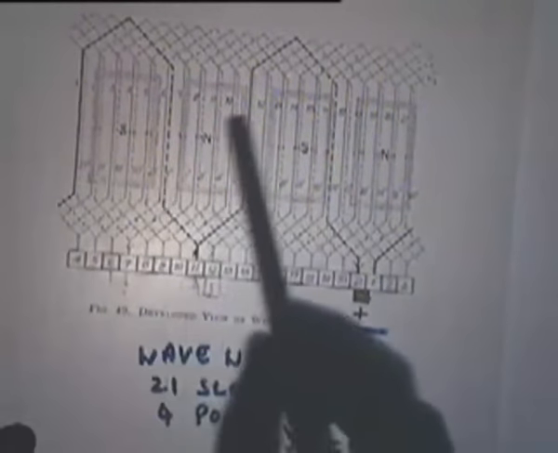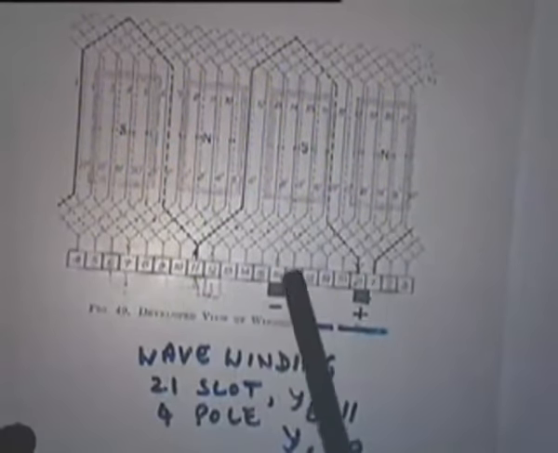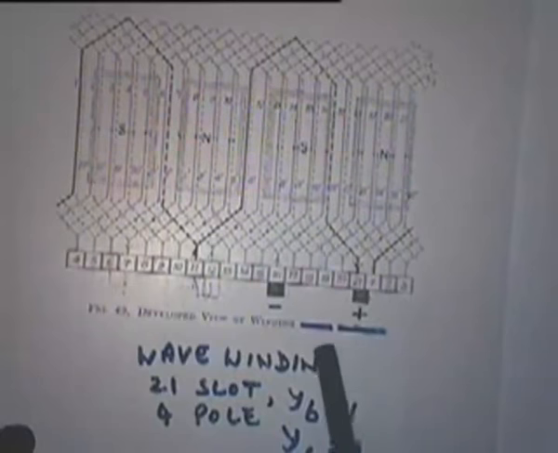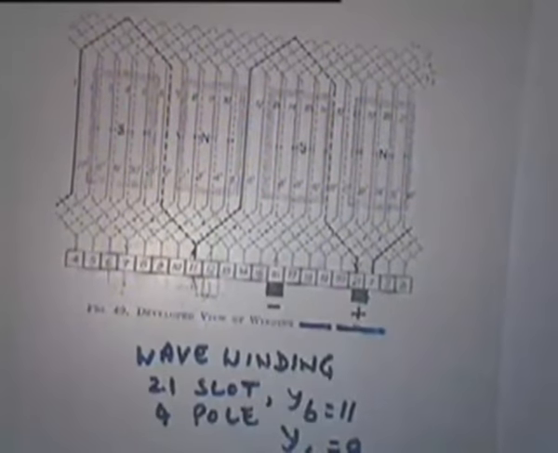So if you collect all this, one will notice the brush positions through which the currents are injected or collected, or currents are taken out, or currents are made to enter. So one can trace the paths carefully with patience to ensure that it goes through a wave and it has the two parallel paths. Okay.